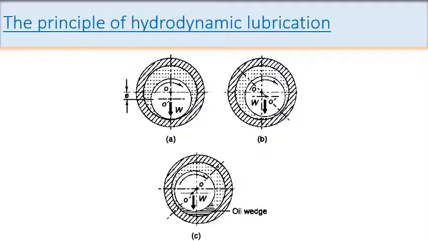The pressure generated in the clearance space due to the motion of the journal with respect to the bearing supports the external radial load W. In this case it is not necessary to supply the oil under pressure. The only requirement is a sufficient supply of oil.